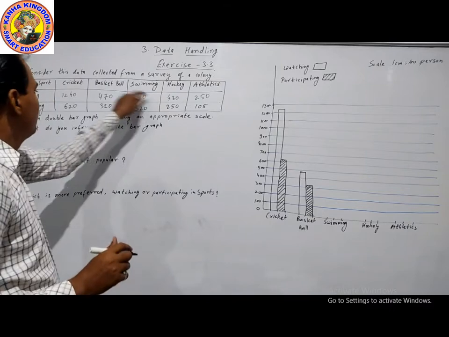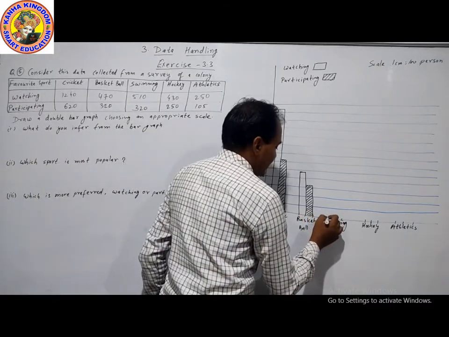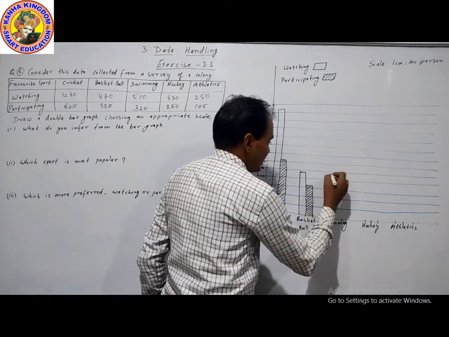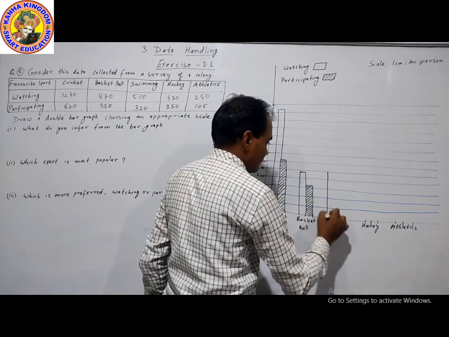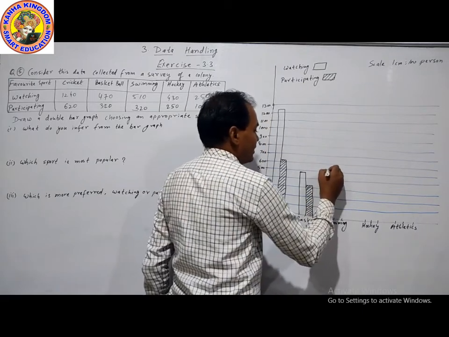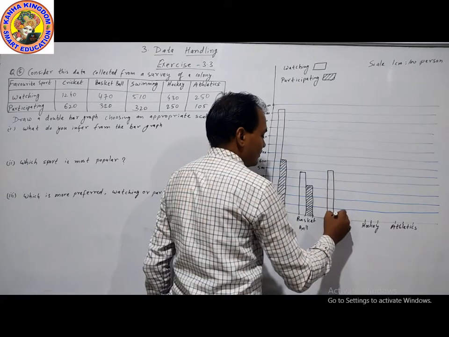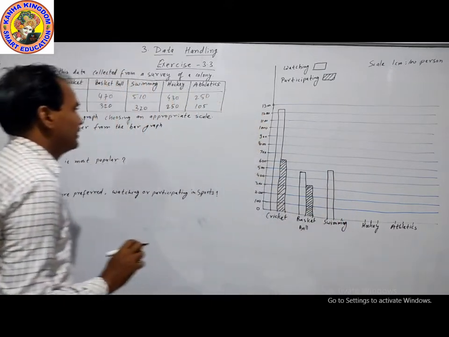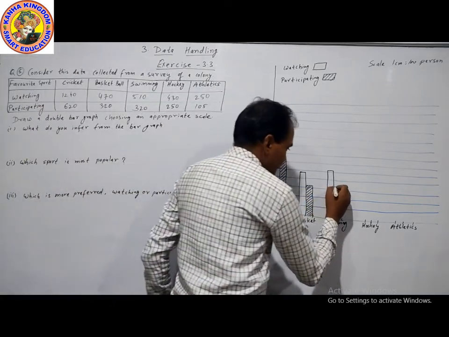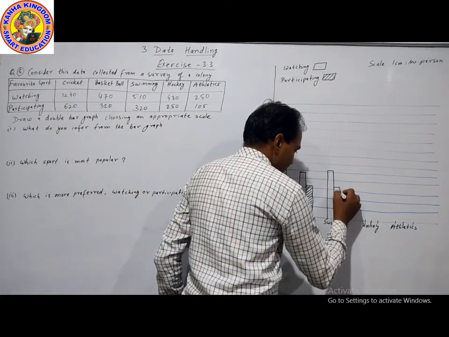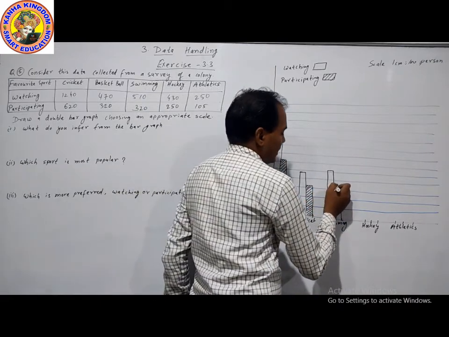Watching swimming is 510. 500 is here, and this is our 10, so this is 510. Now participating is 320, here is 320. The second bar will be denoted by the lines.